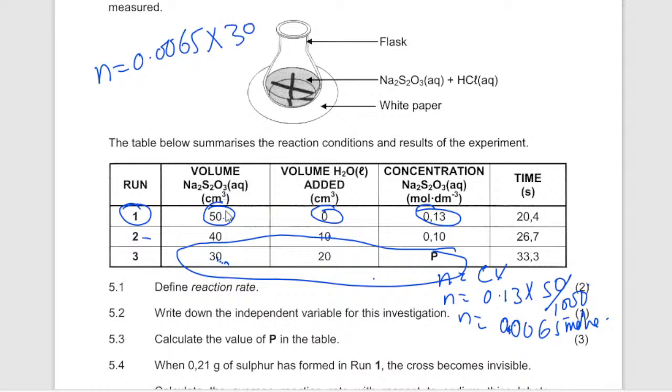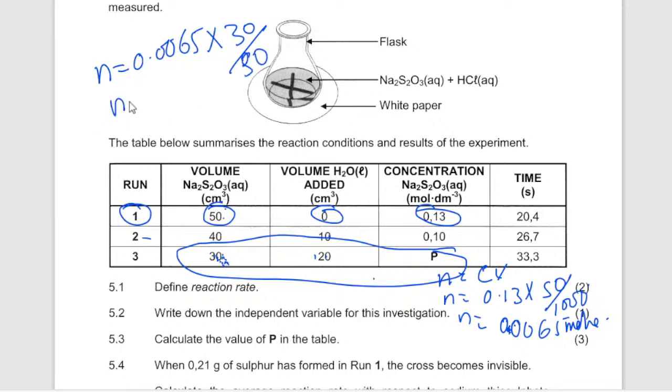So I'm comparing this with this, but divided by the total volume, which is 30 plus 20. The number of moles of sodium thiosulfate are in the 30, but the total volume is, sorry, it's not 20, it's 20 plus 30, which makes it 50.